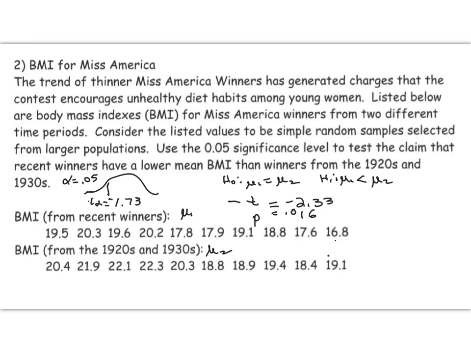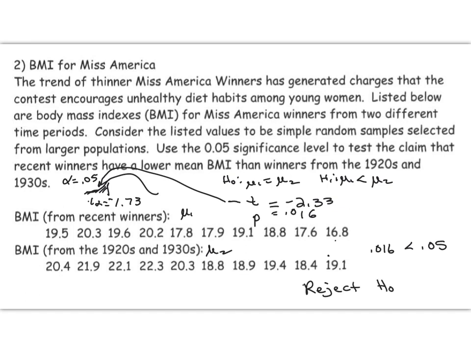And then I'm going to check now. Negative 2.33 is less than negative 1.73. It's in that critical region. And when I double check p against alpha, 0.016, my p-value, is less than 0.05. So I'm going to reject the null hypothesis.